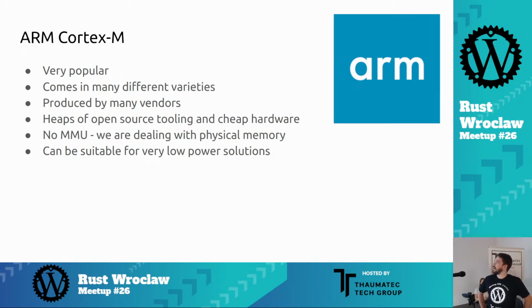is a microcontroller architecture that is very popular, comes in many varieties. I mean, you can buy very small ARM Cortex-M0, for example, which will have just a couple kilobytes of flash and RAM.